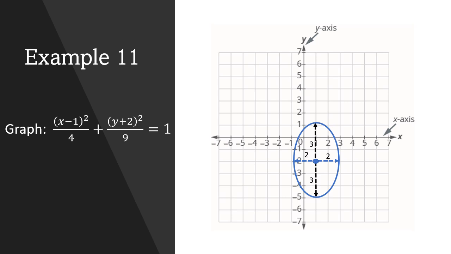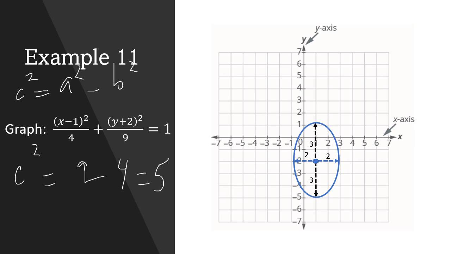Now keep in mind, c squared is a squared minus b squared. So c squared is 9 minus 4, that's 5. Because we need this for the foci. But now the formula for the foci, therefore c is plus or minus square root of 5. Keep in mind, this is my a squared. This one here is my b squared.